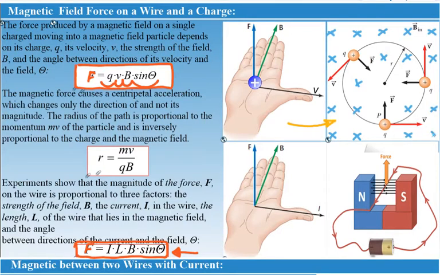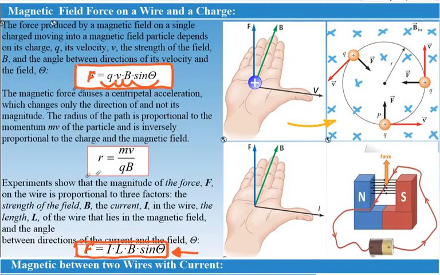Then the motion of this charge in the magnetic field is actually going to be circular motion. So in this case, we're back to the centripetal force. The centripetal force is going to be equal to the force acting on the charge.